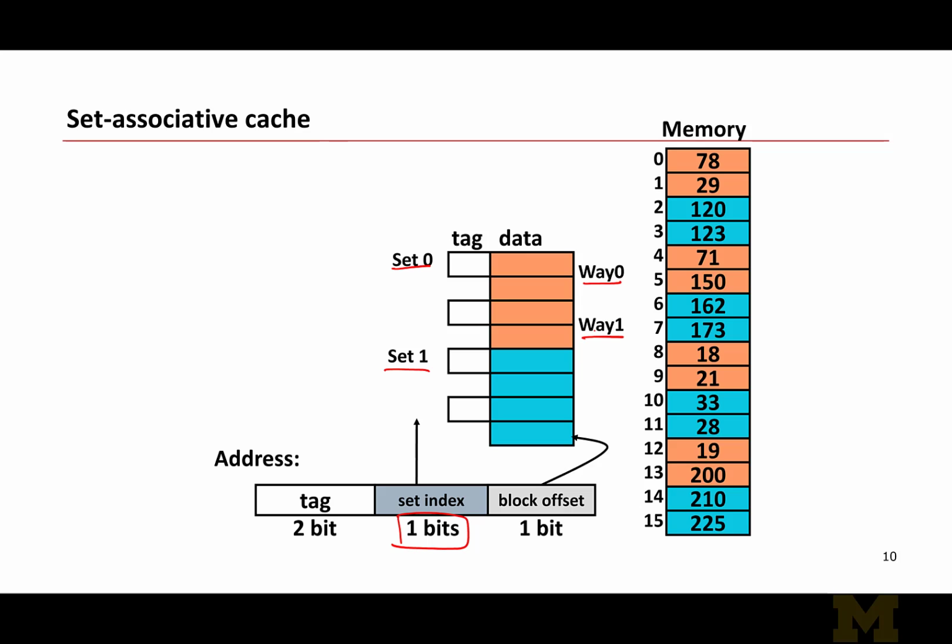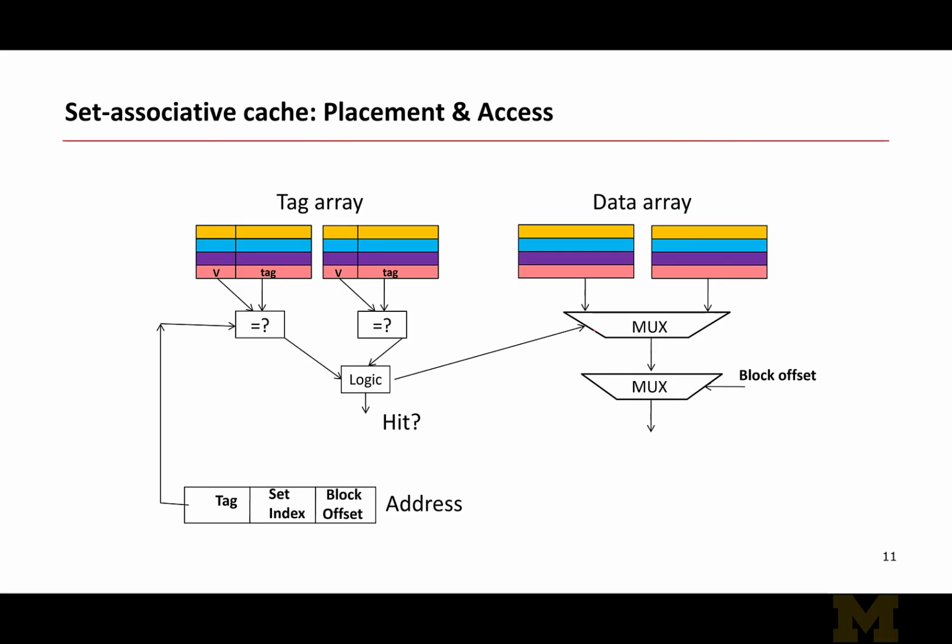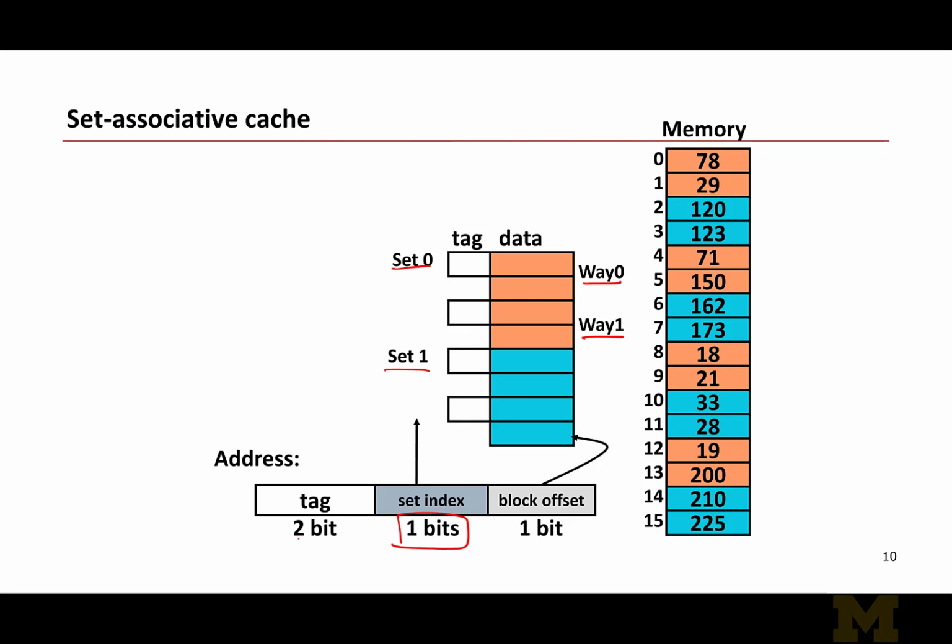And I have the freedom to store my cache block in any one of those two ways, depending on which one is available. Just like in the case of a direct mapped cache, some portion of my address is being used for the set index, and the remaining would be used up by the tag. And the tag is stored along with the data as shown in the picture.